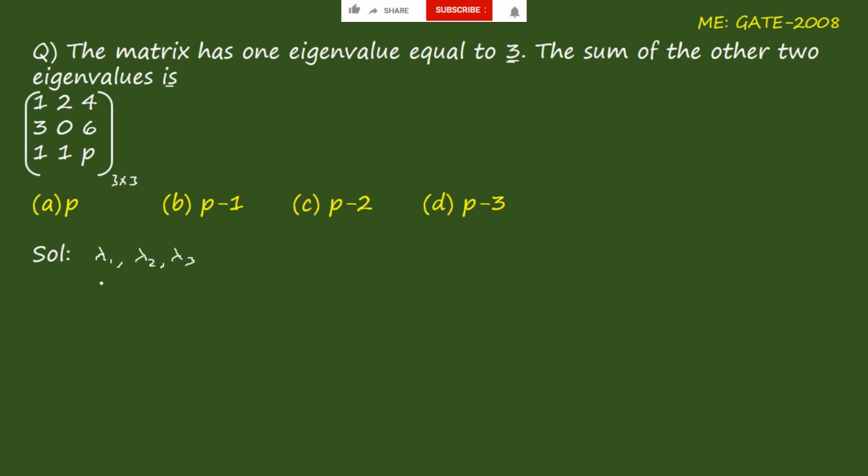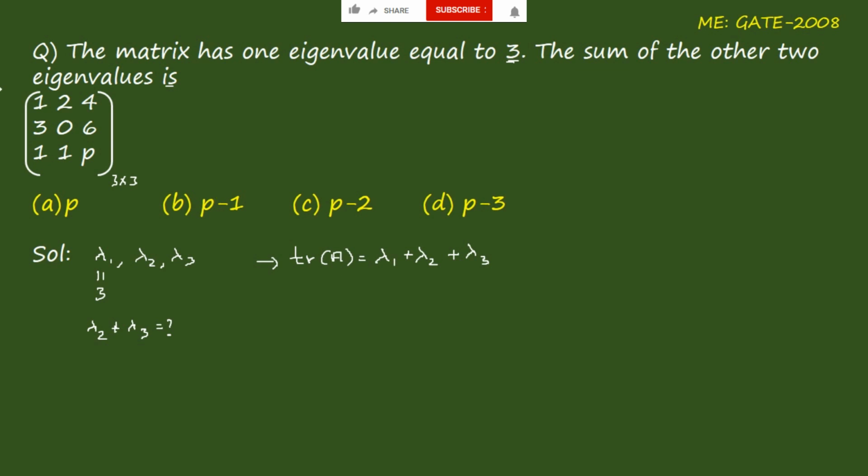Let us consider lambda 1 is equal to 3. Now we have to find the value of lambda 2 plus lambda 3 is equal to how much? Right? Now the general thing that we know is nothing but trace of a matrix A is equal to nothing but sum of the eigenvalues, which is equal to nothing but lambda 1 plus lambda 2 plus lambda 3.